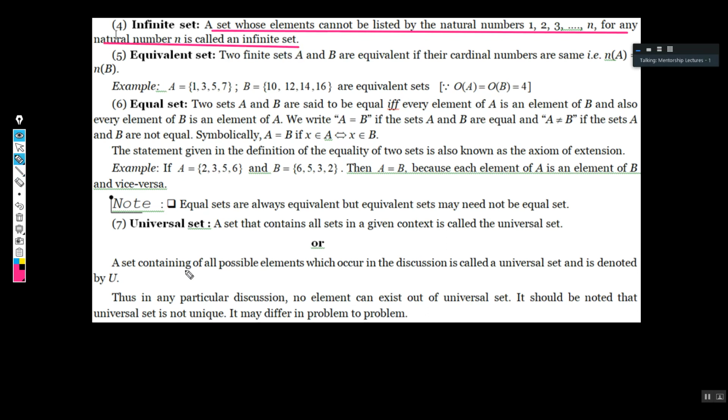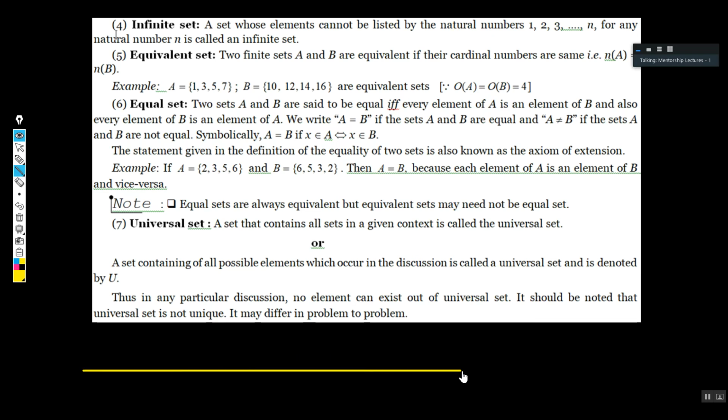Of course, generally for infinite sets, if you take the real number set, the number line is drawn from minus infinity to plus infinity, which is nothing but an infinite set, because there will be infinite numbers present in between.